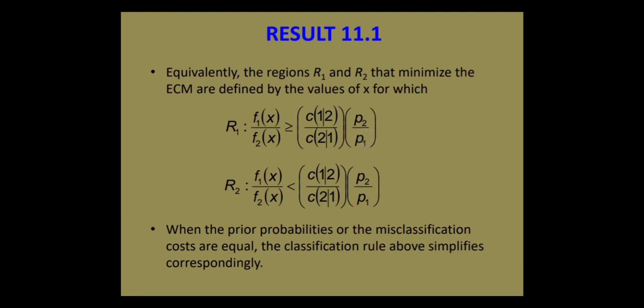Okay, untuk R2, the density ratio less than the cost ratio multiply the prior probability ratio. Right? So this is a formula to define the region. Region 1 more than or equal, region 2 will be less than. If we have all these values, cost of misclassification and also the prior probability, so we can define the region.